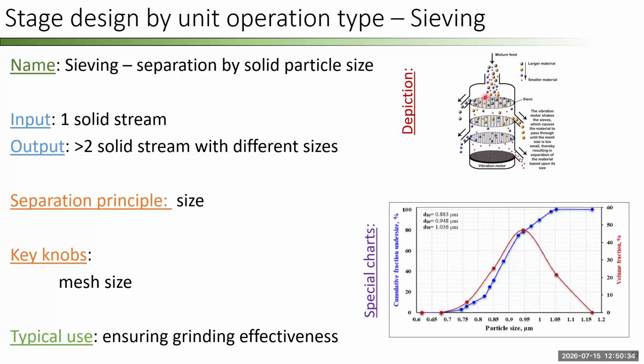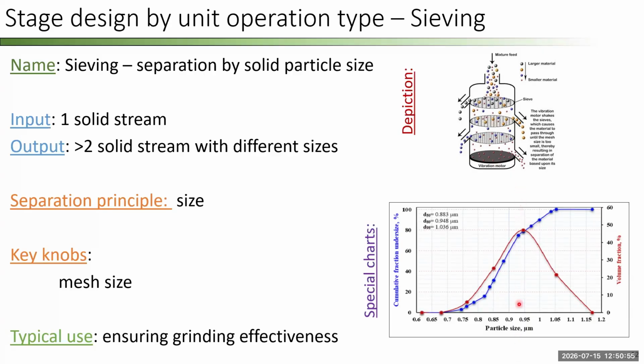And the particles which are larger than the mesh can't go through, but the particles that are smaller than the mesh size move through down to the next mesh, where you can separate these out again and again.